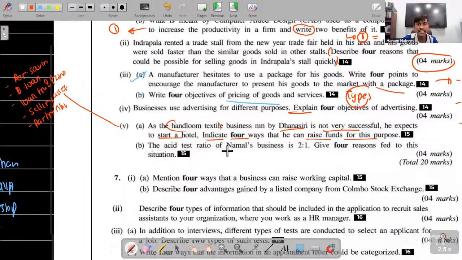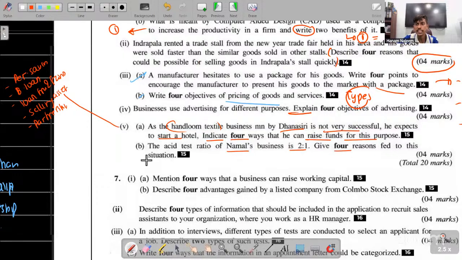Then the acid test ratio of Namal's business is 2:1. Give 4 reasons that fit the situation. Usually the acid test ratio, we can also say quick asset ratio or quick ratio. What's the ideal ratio for the quick ratio? The best combination is 1:1. If there is one quick asset, for that we have one current liability.